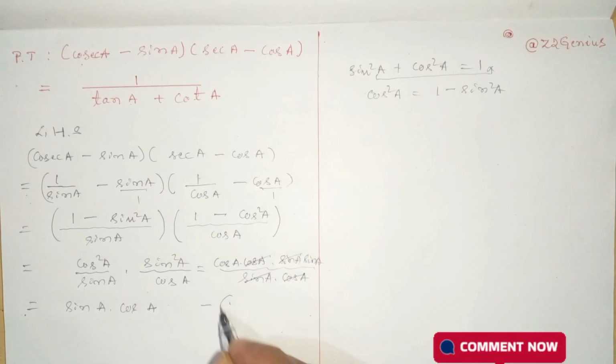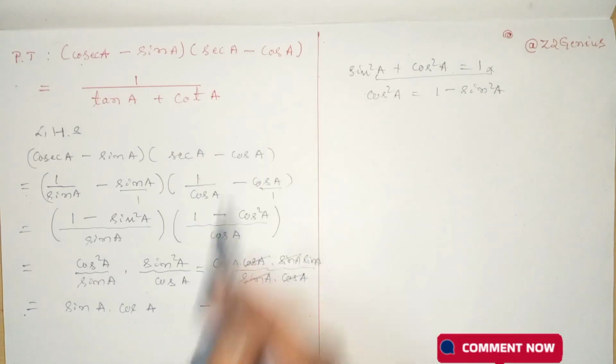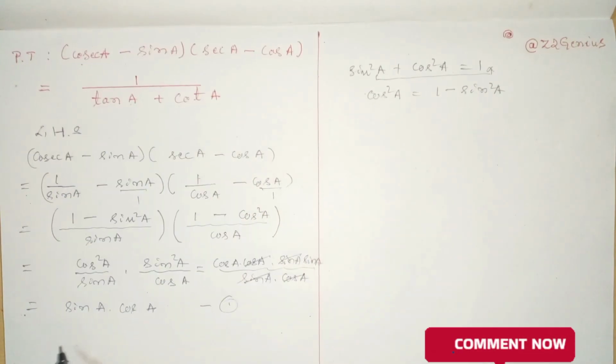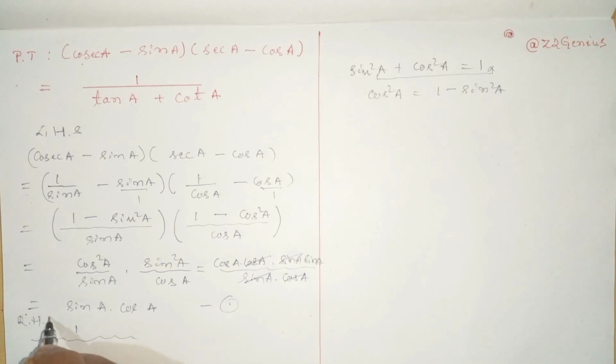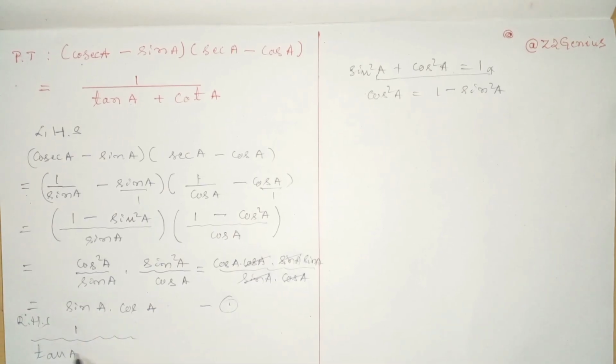Take this as expression 1, that belongs to the LHS side. After that, I want to take the RHS side, that is 1 divided by tan A plus cot A. This is the RHS side, don't forget.